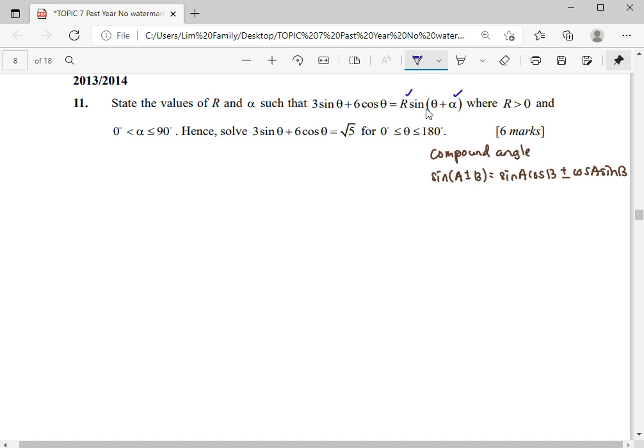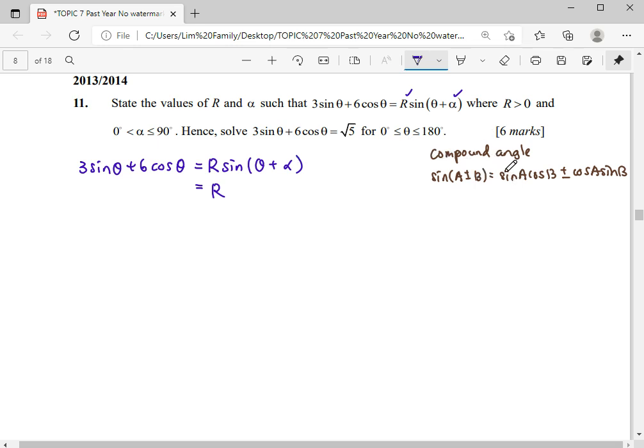From our question, we take down 3 sine theta plus 6 cos theta equal to the form r sine (theta plus alpha). So we use our compound angle, sine (theta plus alpha). This is sine (A plus B), where A is theta and B is alpha.